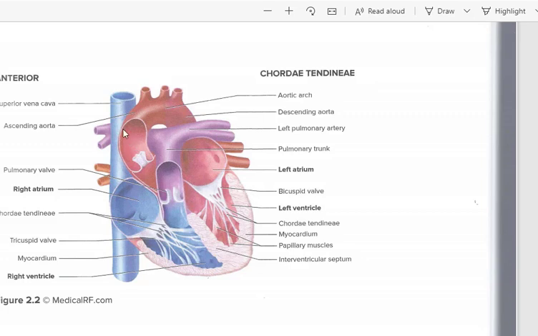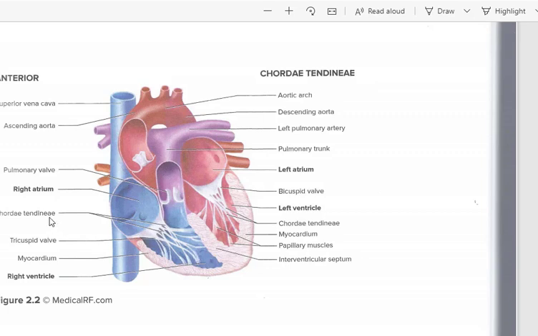So that's the object of the game. So these are held down so that they can't fly inside out when the blood pushes up against them. And then they relax, the blood flows back down, and then you contract again.